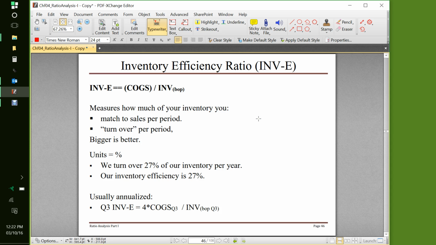It's measuring how much of our inventory we match to our sales in the period, or turnover per period. Clearly, bigger is going to be better in this case, right? We want to turn over or get rid of as much of our inventory as we can. Why? When we're getting rid of it, what does that mean?